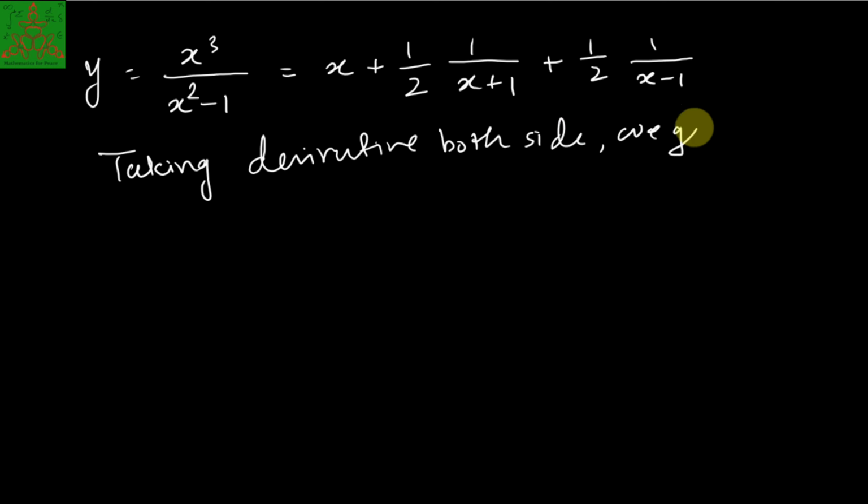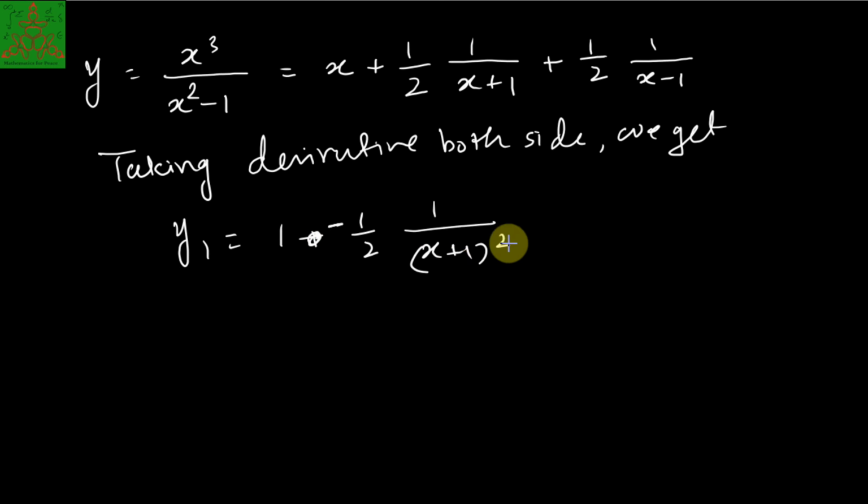We get y1, which is 1 plus 1 by 2. The derivative of 1 upon x, we know, is minus 1 upon x square. So it is minus 1 upon x plus 1 whole square. This is minus 1 by 2, 1 upon x minus 1 whole square.